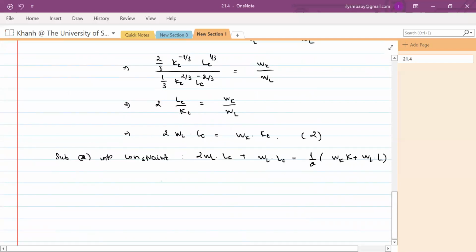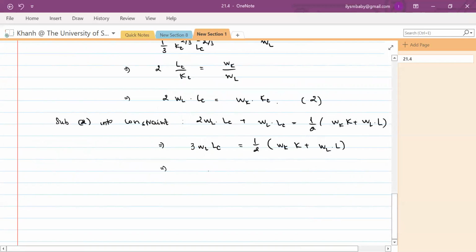So therefore 3 WL times L is half of the WK times K plus WL times L. Okay, so from here, you should be able to find out that L star, which is the optimal amount of labor that firm C would like to use, is 1/6 of WK times K, WL times L, everything divided by WL.